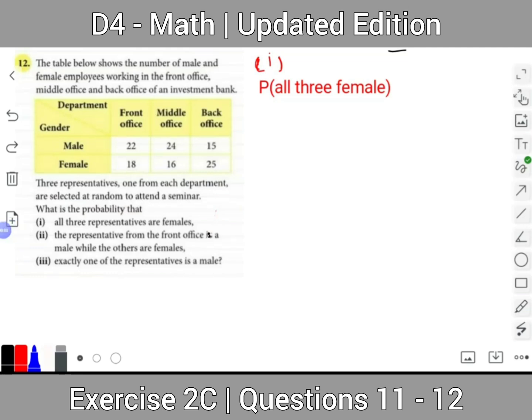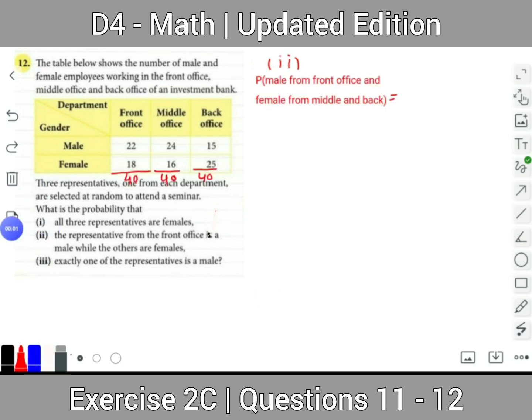Now in the question 12, the table below shows the number of male and female employees working in the front office, middle office and back office of an investment bank. Now in the part 2, what is the probability that the representative from the front office is a male while the others are females? So the probability that male from front office and female from middle and back office. So here we have 'and', so we will apply the multiplication law of probabilities.